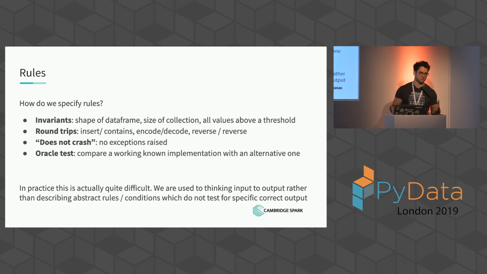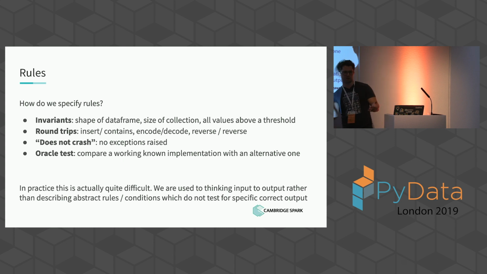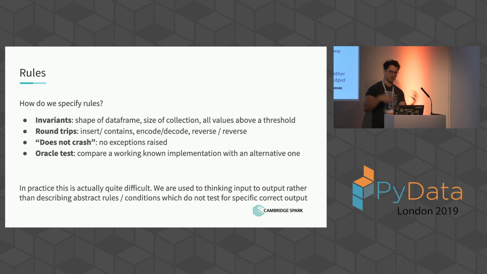So there's another class of properties called round trips. That's typically when you have two methods that work together. So if you insert an element into a list, or if you insert something in a database, there's probably another method available that's going to check for containment, right? So you can specify a property that says, when I insert something, I'm expecting it to be available. So those two methods work together.